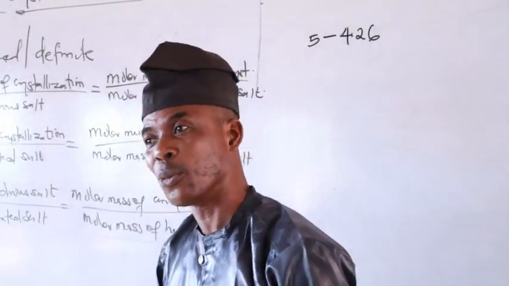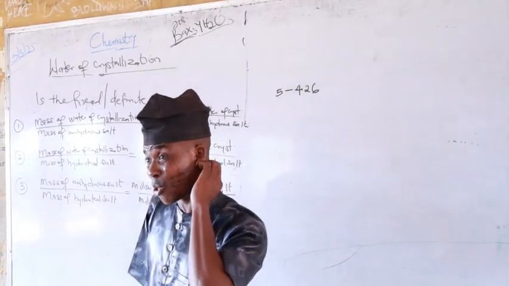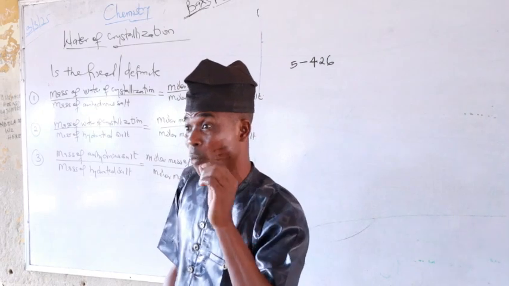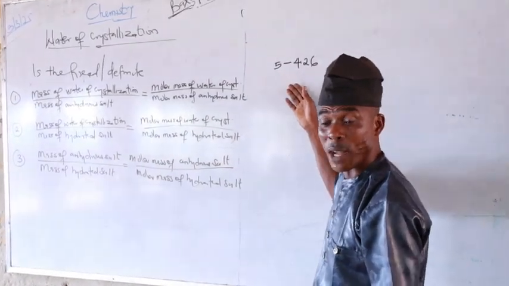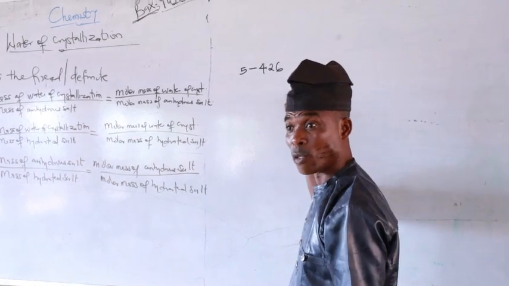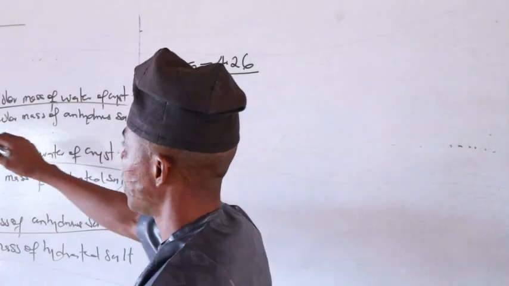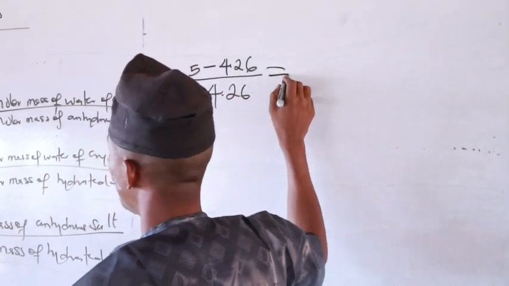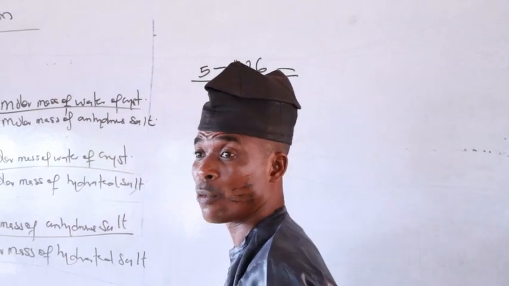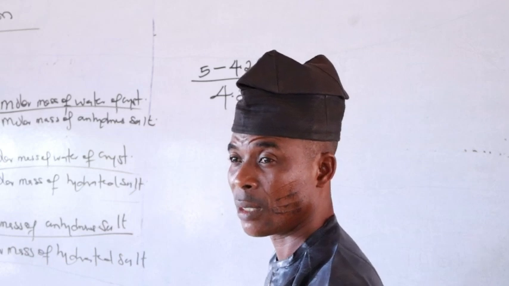That will be mass of hydrated salt minus mass of anhydrous. What is the mass of hydrated salt? 5. What is the mass of anhydrous salt? 4.26, divided by the mass of anhydrous salt, 4.26, is equal to the molar mass of water of crystallization over the molar mass of anhydrous salt.